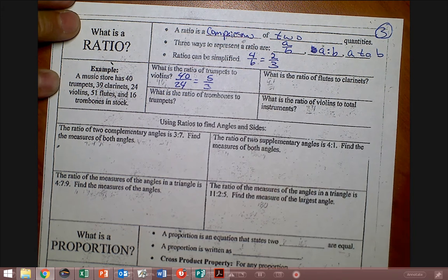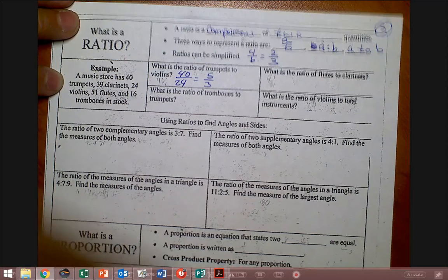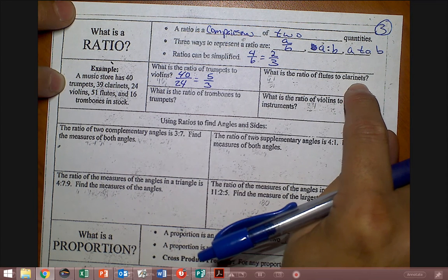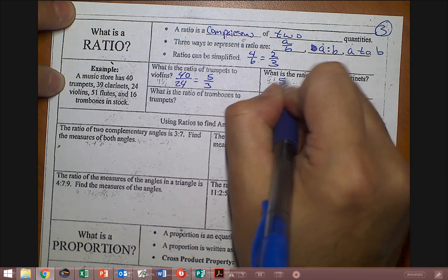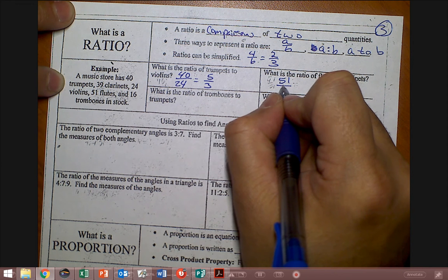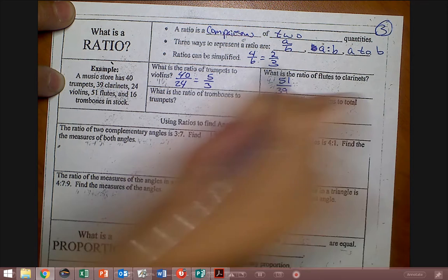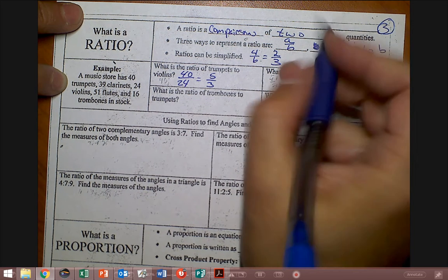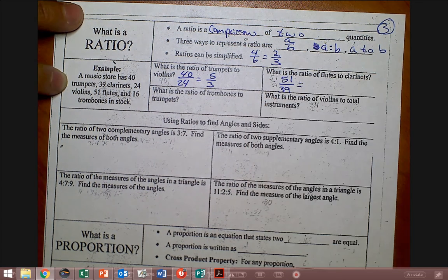Good job. All right, so what is the ratio of flutes to clarinets? 51 over what? I think I hear 39. Okay, yes. Does that one reduce? I'm going to tell you yes by a factor of 3. What's it going to be, though?